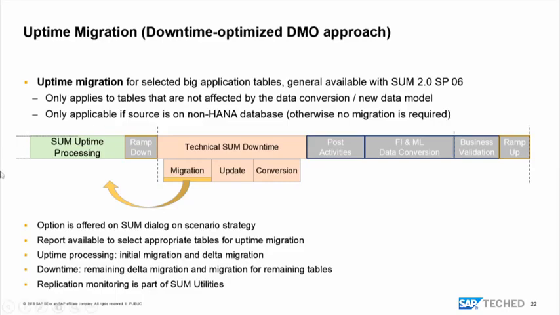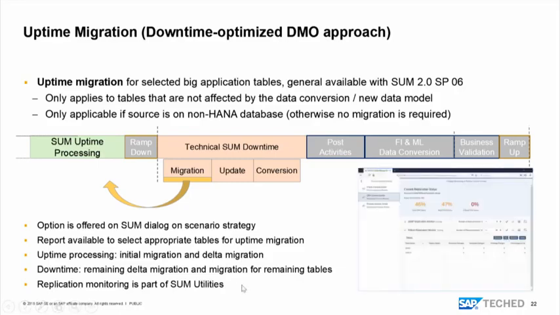And then the tool will, in uptime, do the initial migration of the source table content and a delta migration, so already migrating those new entries that were created by the end user activity on the system. In the downtime, the remaining delta is replicated and the non-triggered tables are migrated.